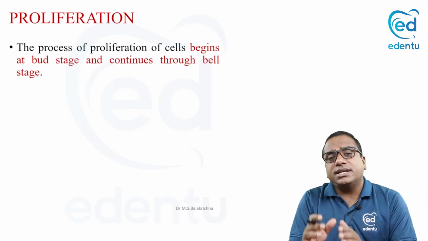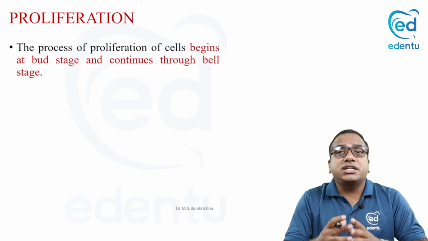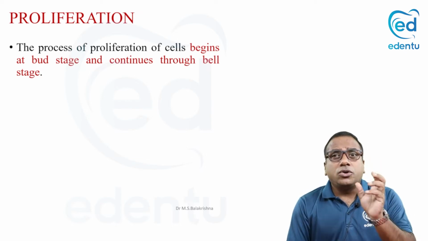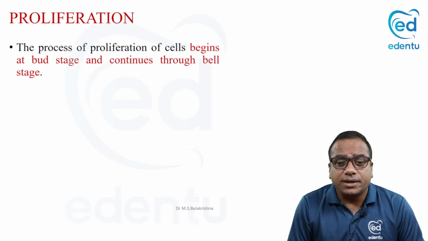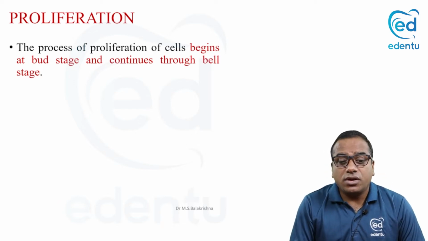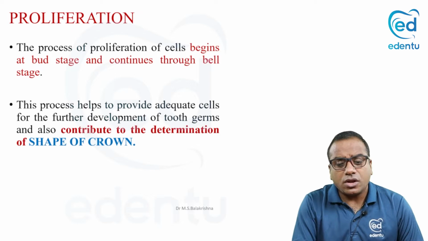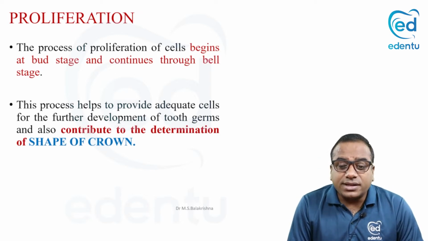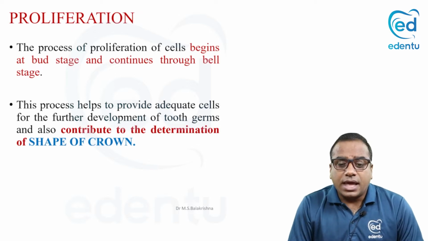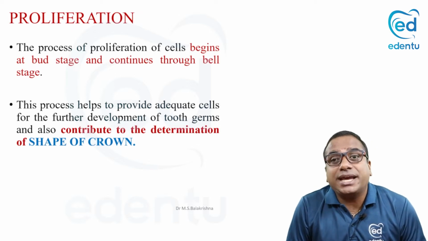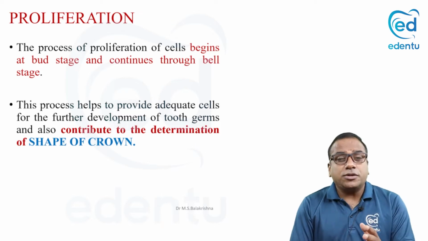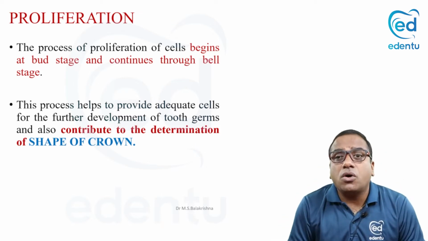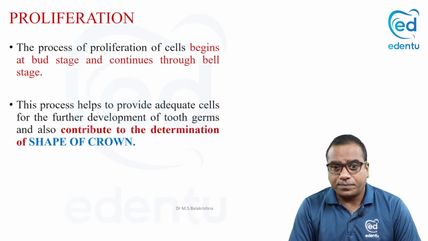In all these stages the cells are proliferating, and the enamel organ changes its shape from bud to cap to bell stage. That all comes under the stage of proliferation. This process helps to provide adequate cells for further development of tooth germs and contributes to the determination of the shape of the crown. Because of the proliferation, the enamel organ is changing and the shape of the crown is being dictated here.